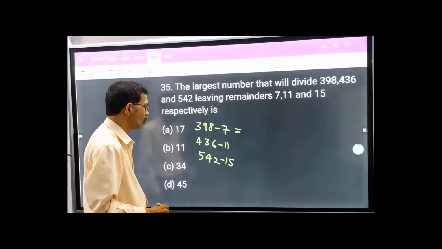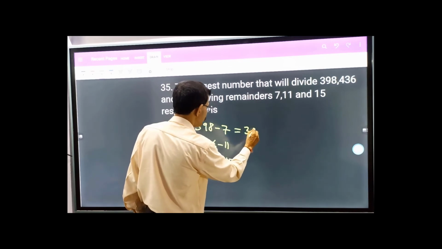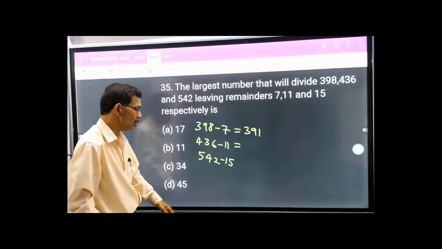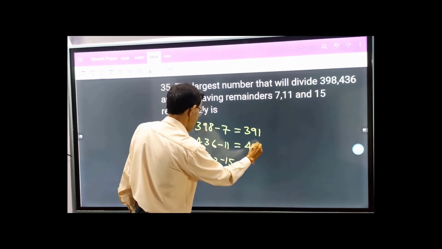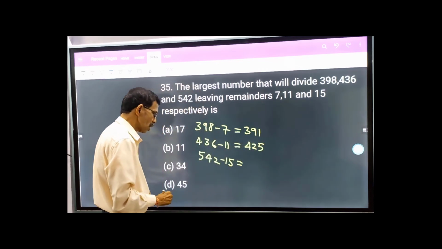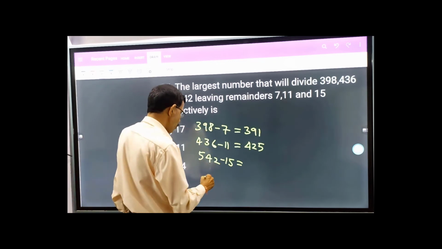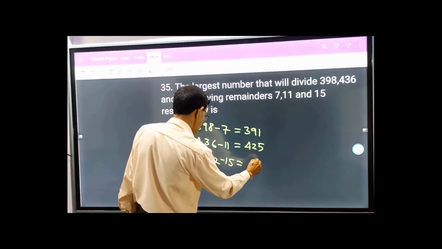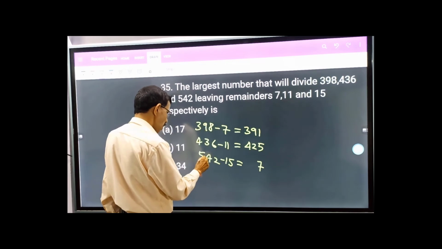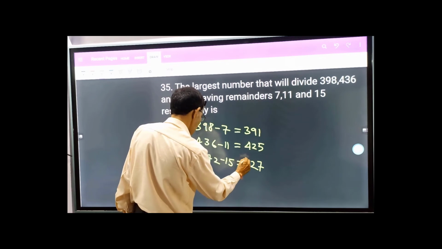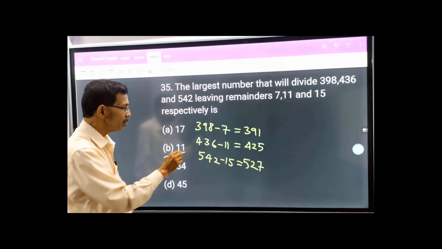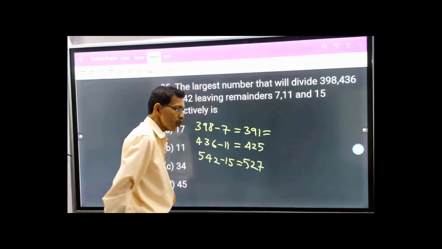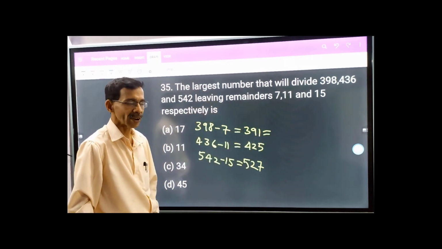So this will be equal to 391 and the second number will be equal to 425 and the third number will be 527.